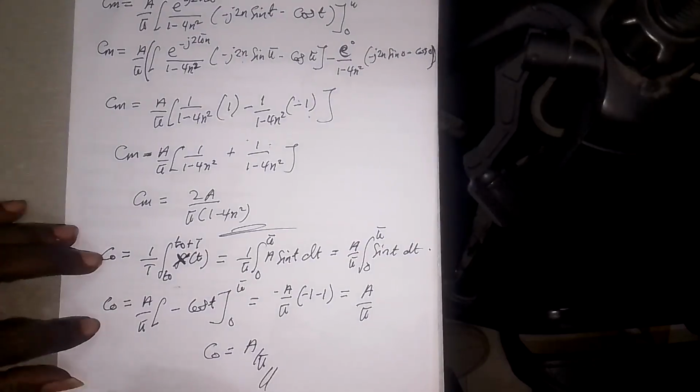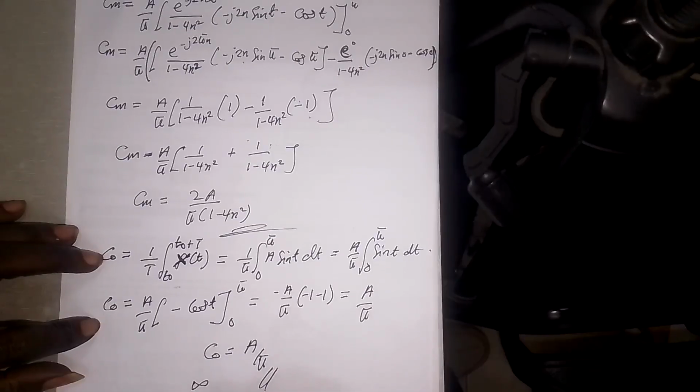Now you put it in the general equation. X of t is equal to C naught plus the summation from n equals minus infinity to infinity of Cm into e to the j n omega naught t.